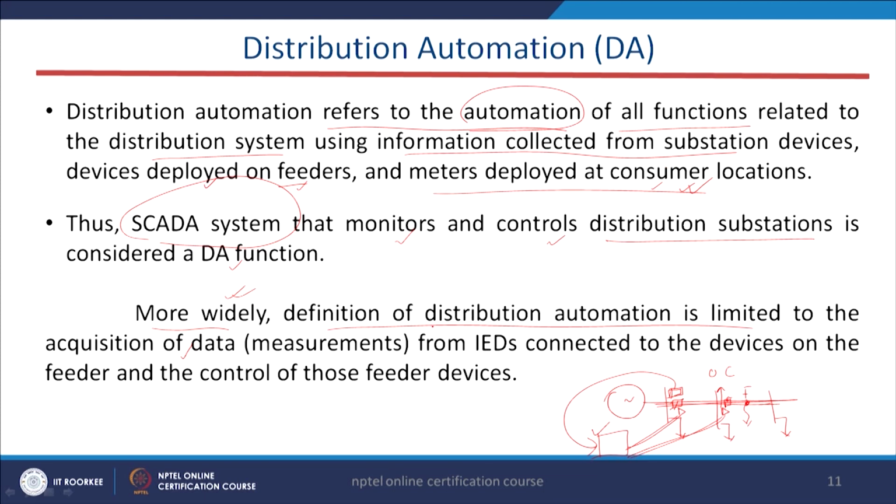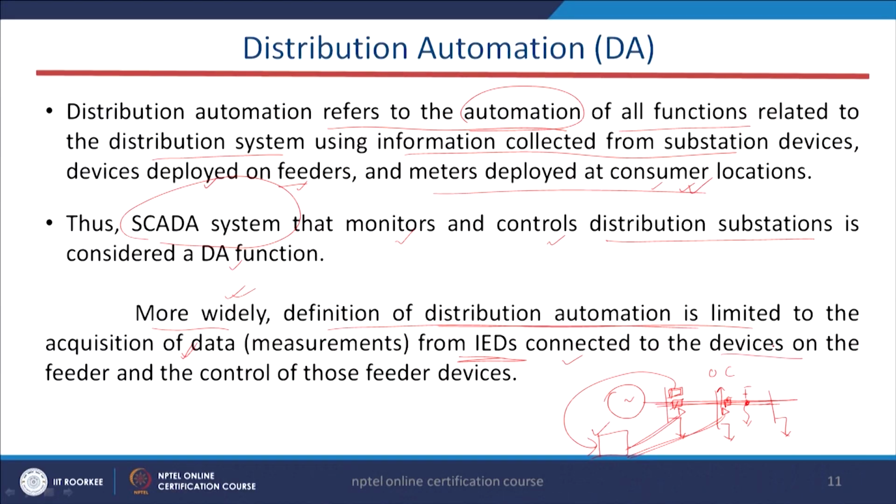So, distribution automation is limited to the acquisition of data measurements from IEDs. IED stands for intelligent electronic devices, which are connected to the devices on the feeder, and control of those feeder devices. We will see more about this, the infrastructure I have kept in further slides. We will talk about what this IED is, where it is connected and how it functions.